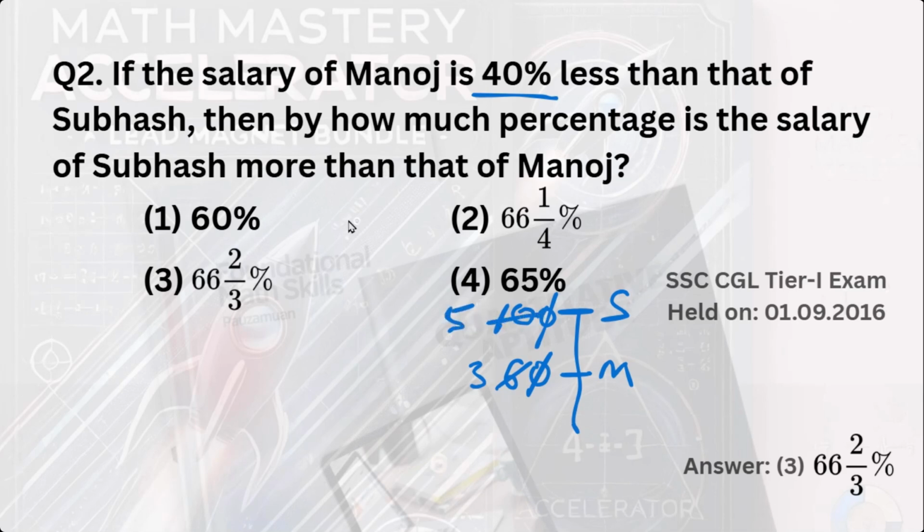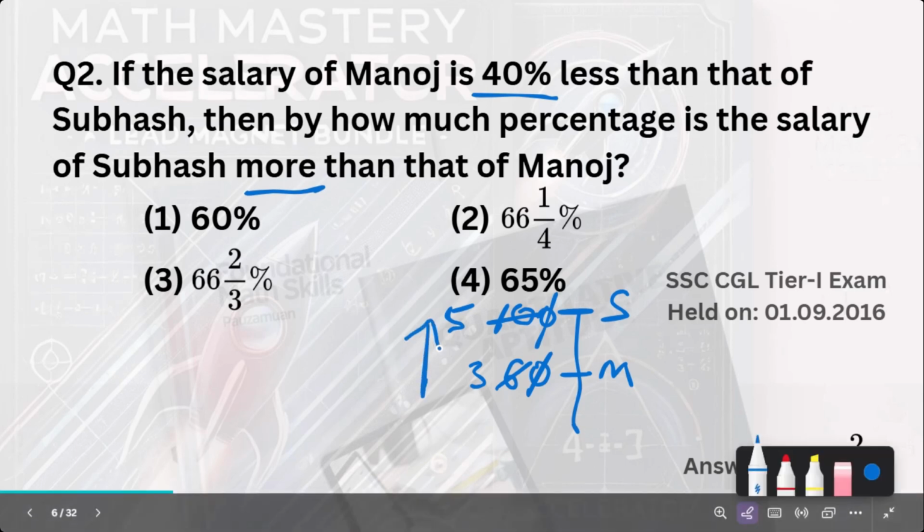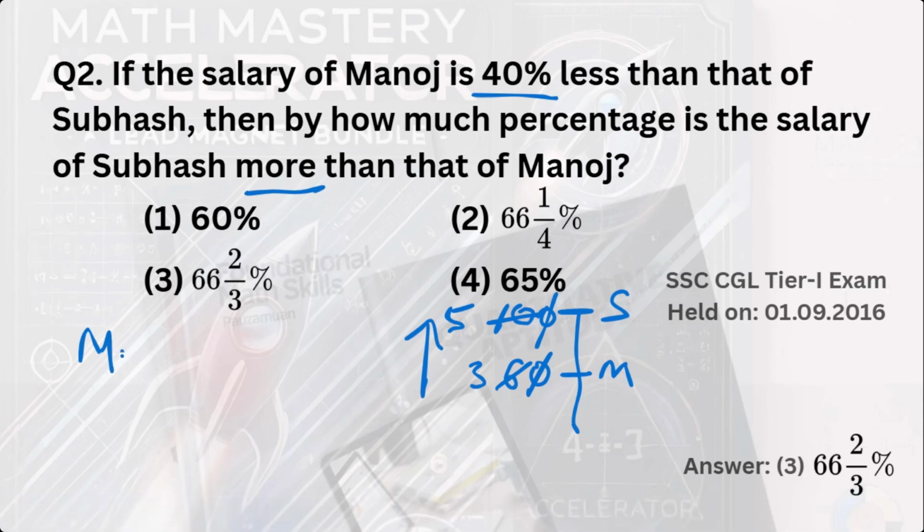We have to find more person. More person is the difference, 5 minus 3, that is 2, divided by the smaller number, 3, into 100.